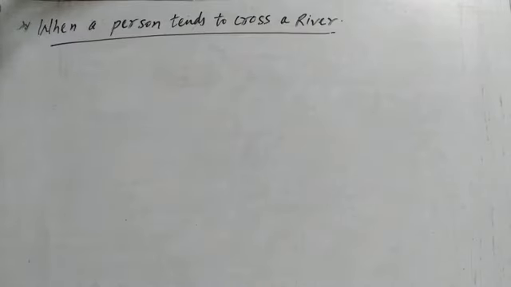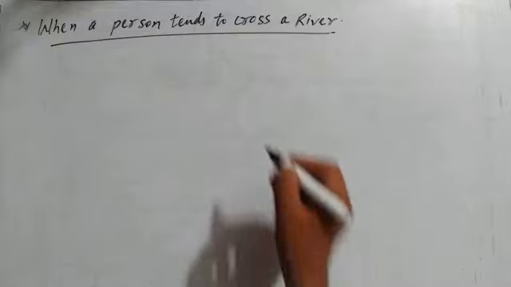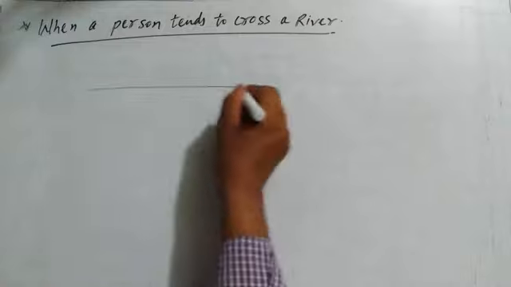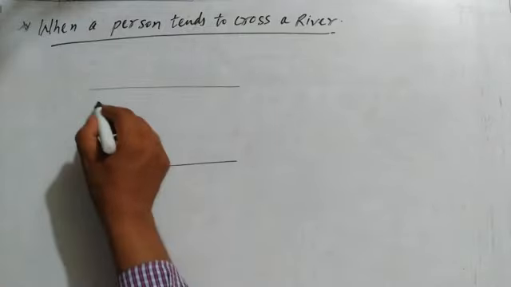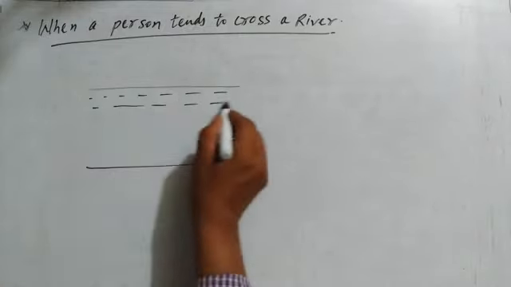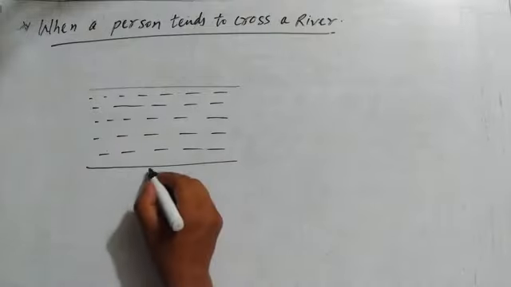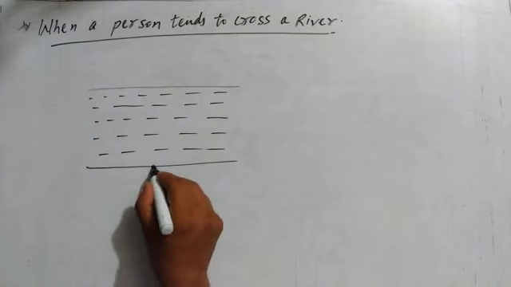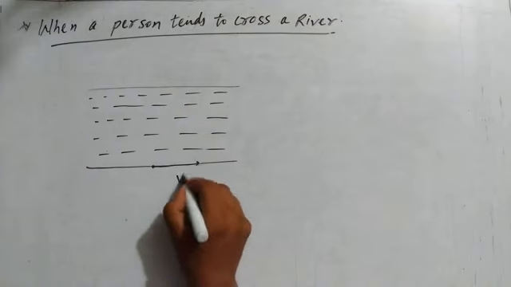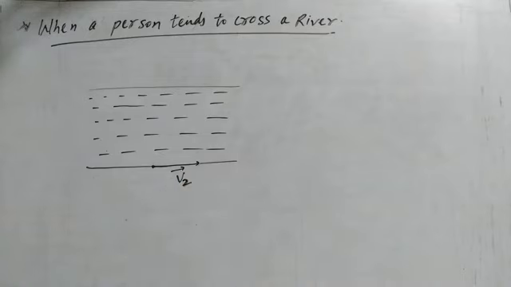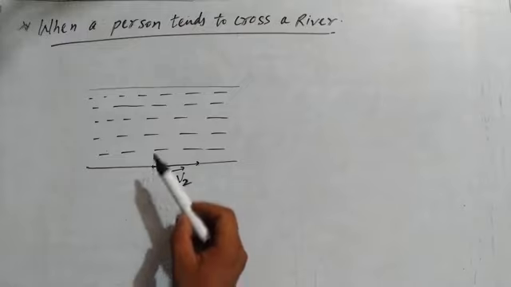Now we will do another application of vector addition. When a person tends to cross a river, take an example, say this is a river flowing from left to right with a certain velocity v2, and a person wants to cross this river.